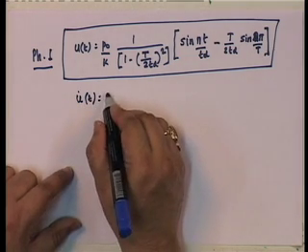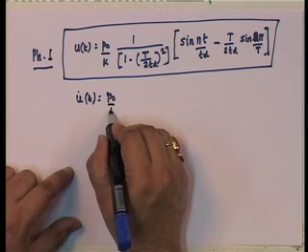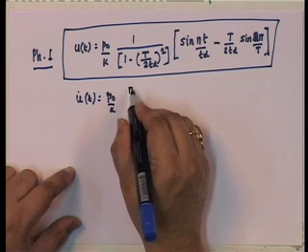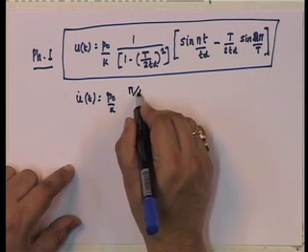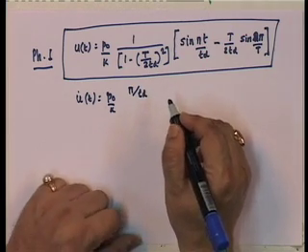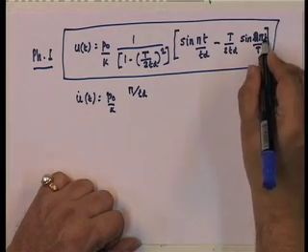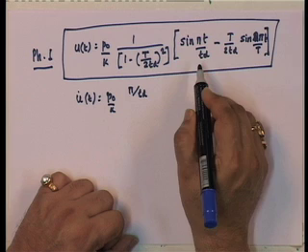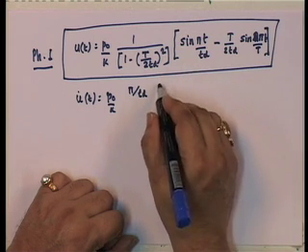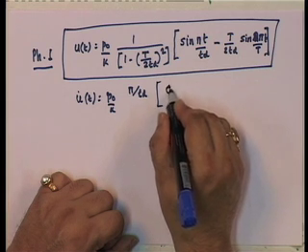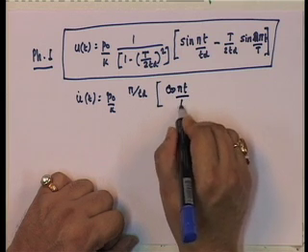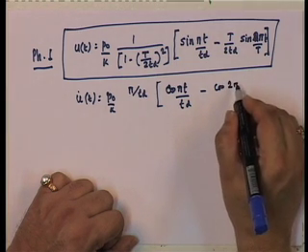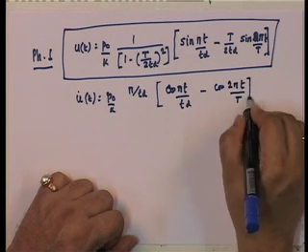U dot turns out to be, well, it is easy to do, P naught upon k into pi upon T d, and that is cosine(pi t upon T d) minus cosine(2 pi t upon T).